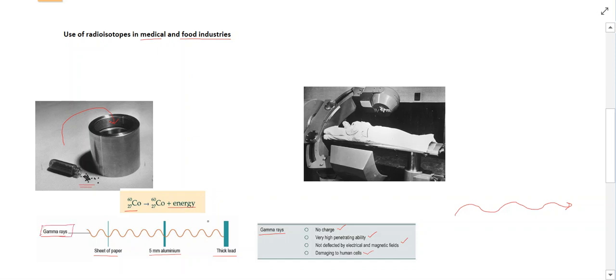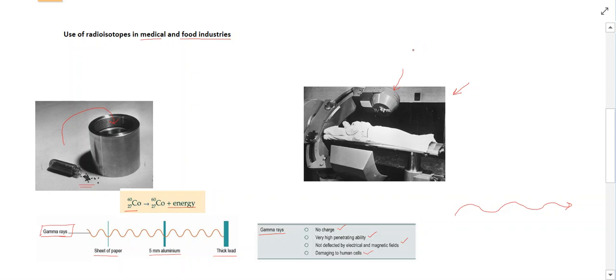And as I was saying, they're very highly penetrating. So what you can have then is something like this. This is a patient who is receiving radiotherapy using cobalt 60. Essentially, in this arm in here, you're going to have a cobalt 60 source.